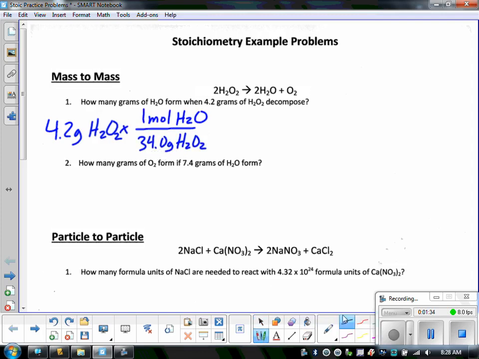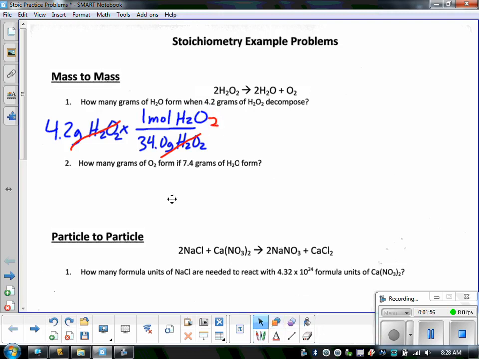If you see, the grams of H2O2 and the grams of H2O2 are going to cancel out, and that's going to leave us in moles of H2O2.